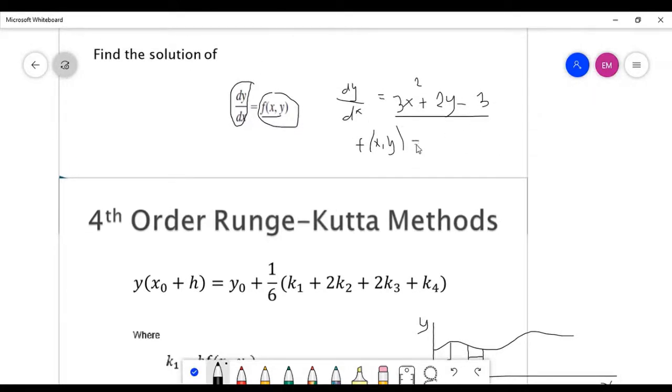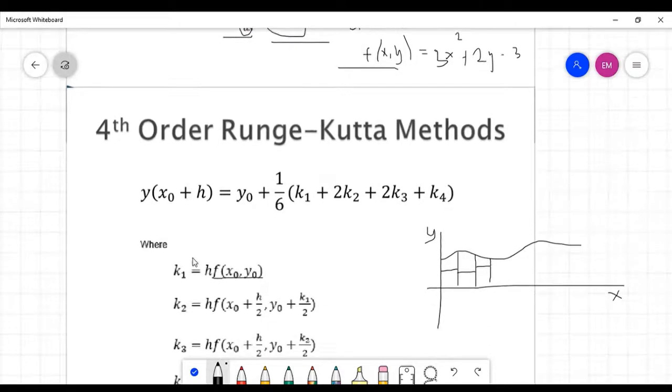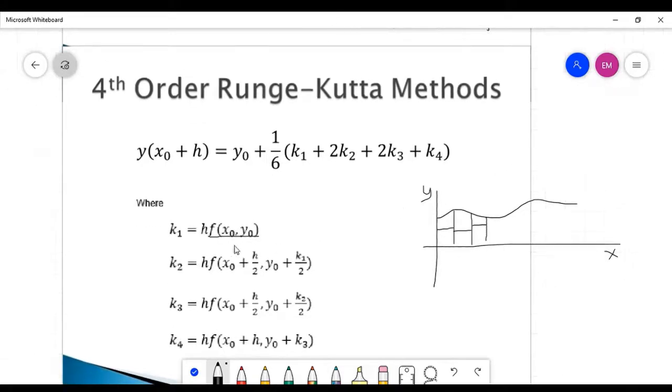Is equivalent to 3x squared plus 2y minus 3. Basta again, take note lang na kung sa to'y mabilin sa to ang dini na side, sa to ang right hand side, as long ang sa to ang left hand side, kaya nahimo na tong dy over dx na lang mabilin, that refers to the function of x and y. And that is what we need for your value of k1, knowing that your h is given, kay maura man ang interval.